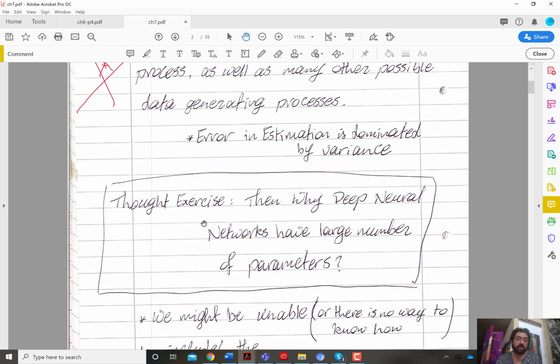And one angle I think is useful when thinking about this question is to distinguish between the complexity of the hypothesis space, which is given by the number of parameters in the network, the model family that the network can represent, and the complexity of the final solution, the exact solution, right?